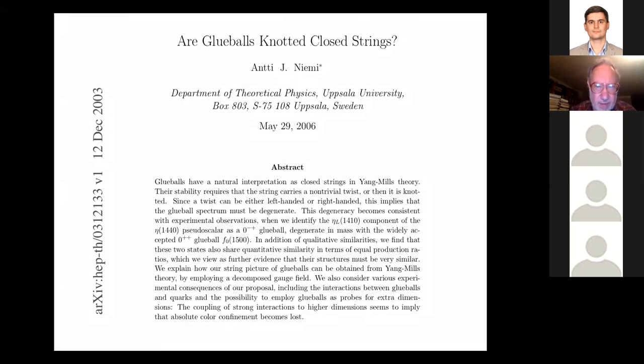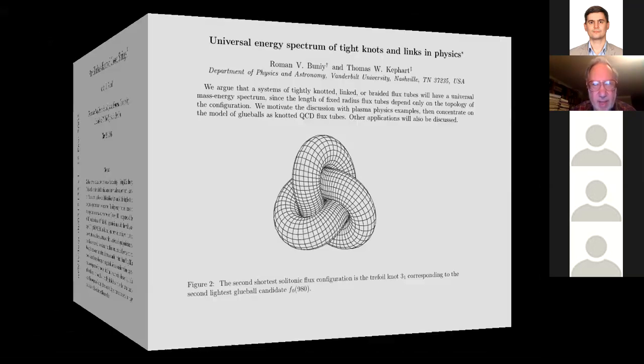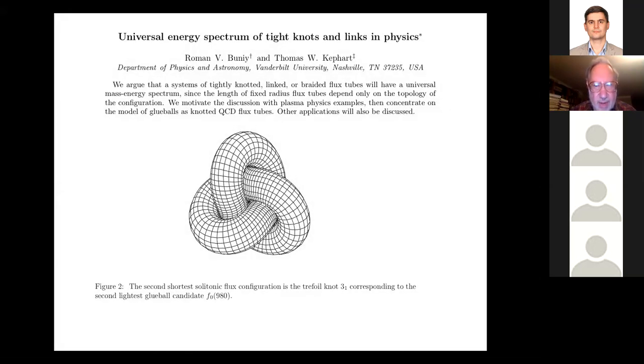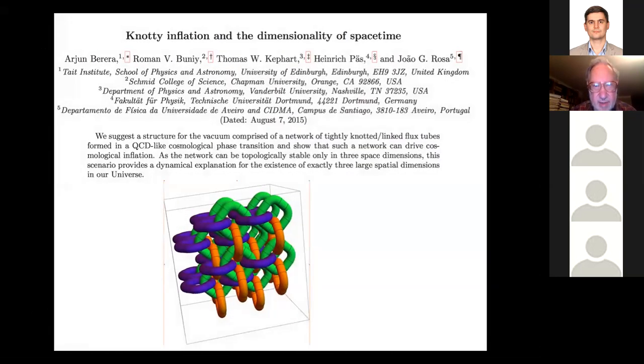So people have asked the question, are glueballs knotted closed strings in the sense of string that I just told you? And perhaps one could find out about their energy levels in terms of knots and links. And perhaps such things are related to inflation at the beginning of the universe. So this is recent research speculation.